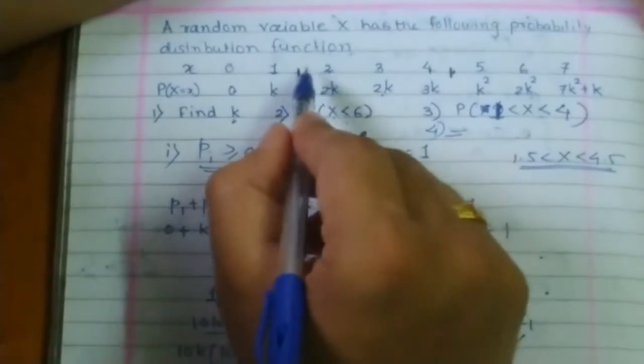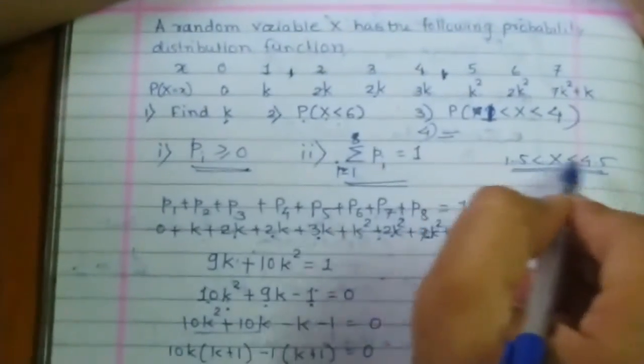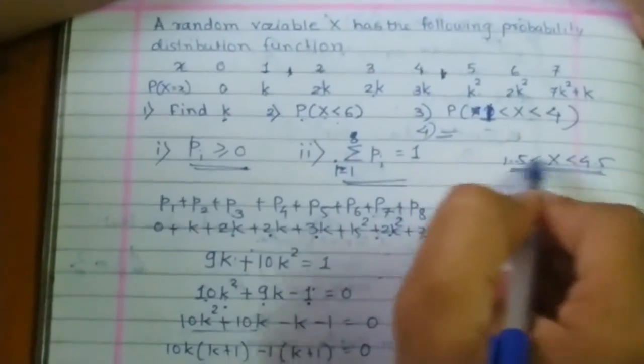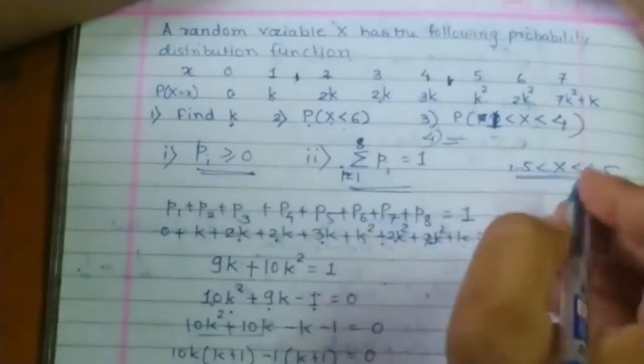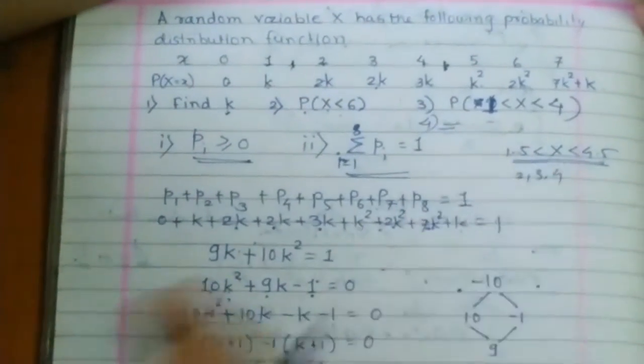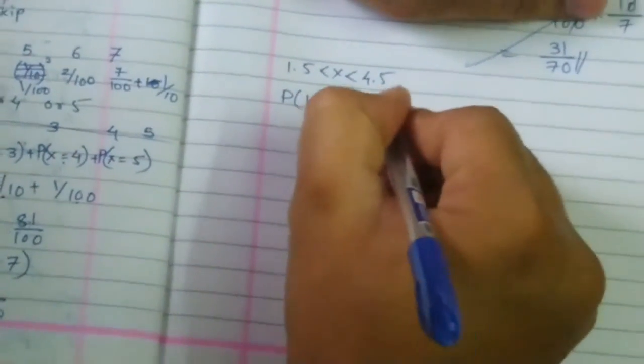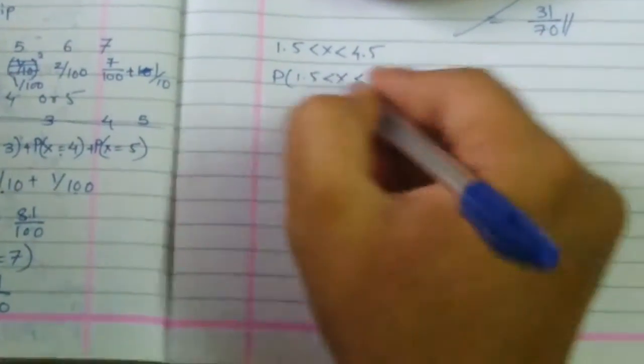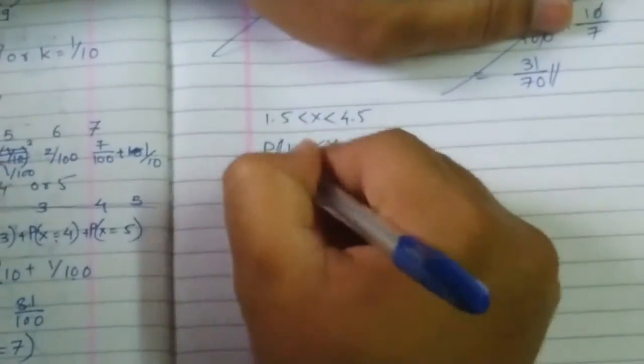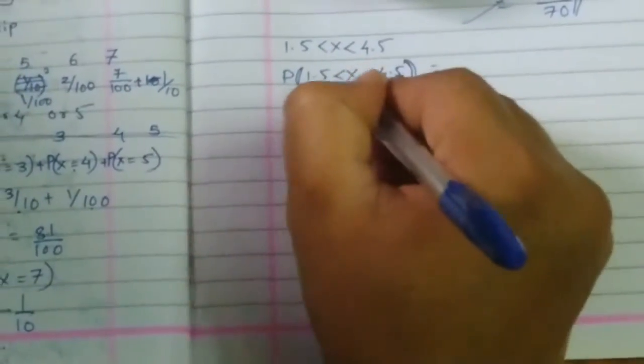So what are the values between 1.5 and 4.5? See, these limits are not included. We require the values between these two. So the possibilities are 2, 3 and 4. Are you clear with this? Fine. So hence, to find the probability of 1.5 less than x less than 4.5 given x greater than 2, this probability we are going to calculate.